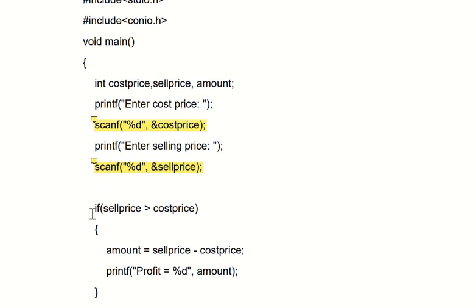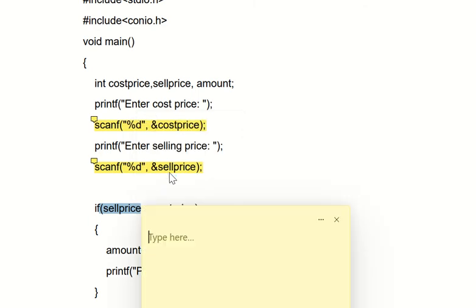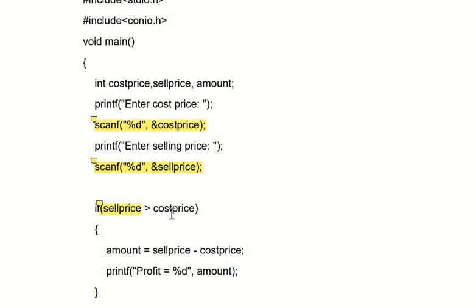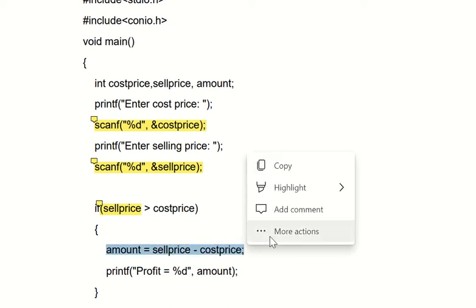Now we have the if condition. If your sell price is greater than cost price, that means 120 greater than 70, obviously the condition is true. So it will go inside this if part, that is amount equal to sell price minus cost price.